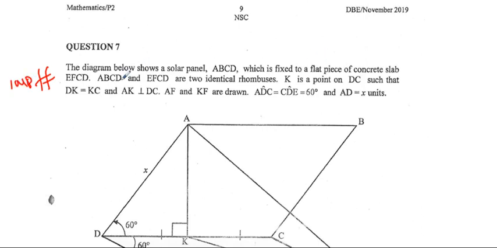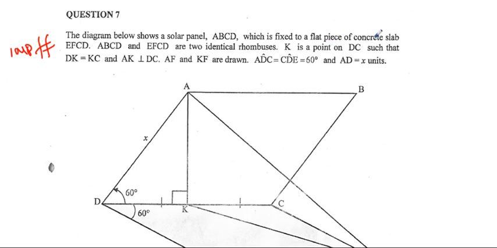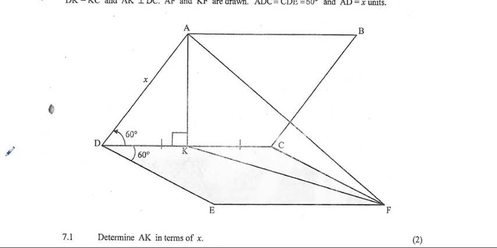So for example, in this case, they're telling you that the diagram below shows a solar panel ABC. So ABC is a solar panel. Perception is important. Having a kind of visualization of what is going on is equally important. But it's important to read, because then they tell you that it is fixed to a concrete slab EFCD. So go to the diagram and let's look at the concrete slab.